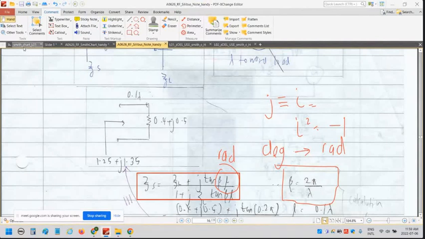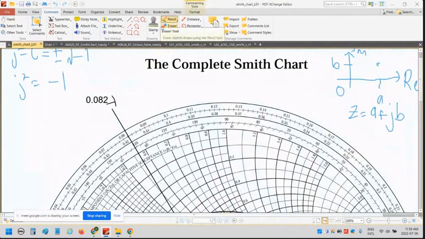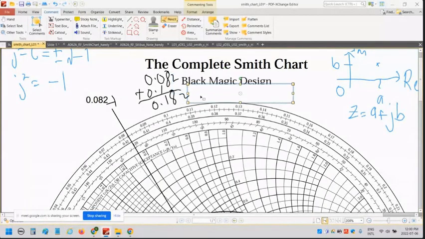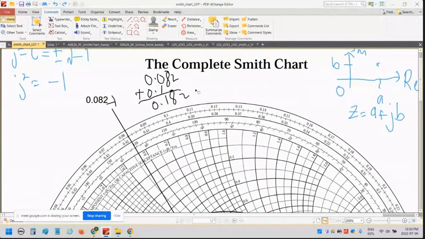So 0.1 lambda, what you need to do: 0.082 plus 0.1 lambda, so you got 0.182. So you got this one, 0.182 lambda.